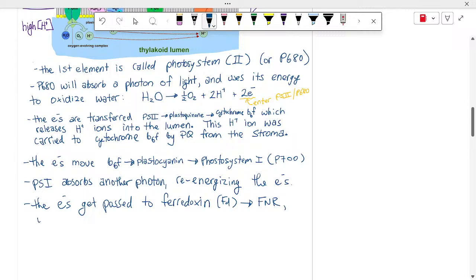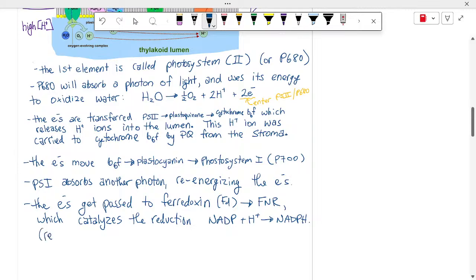But it's here, which uses the energy and catalyzes the reduction of NADP plus H plus into NADPH. This does two things. It's the resting place for those electrons, and it uses up yet another H plus in the stroma.